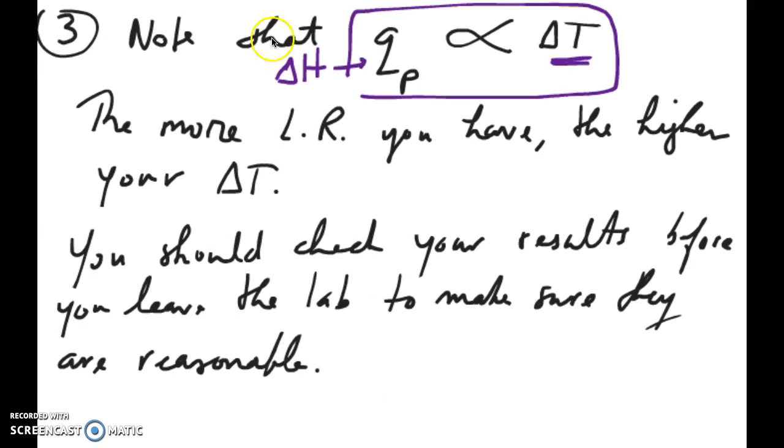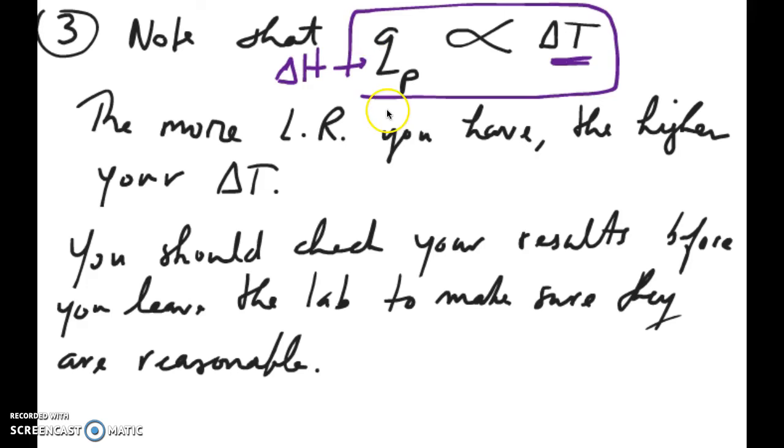Now, the other thing is that remember what you're calculating there is Q at the very beginning, and Q is going to be proportional to the mass that you have and the delta T, right? So if you have a lot of mass in your reaction, that might generate quite a bit of heat. That heat is going to result in higher delta T. But remember, at the end, everything is going to be divided by that mass again to give you the heat per mole quantity.